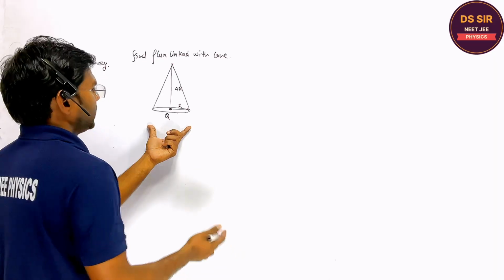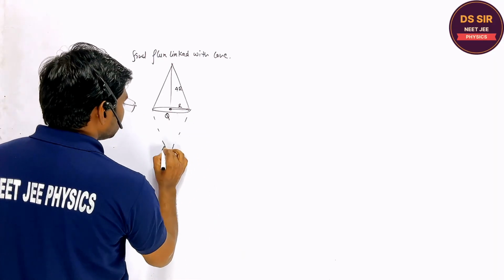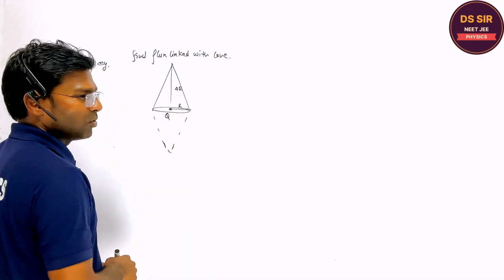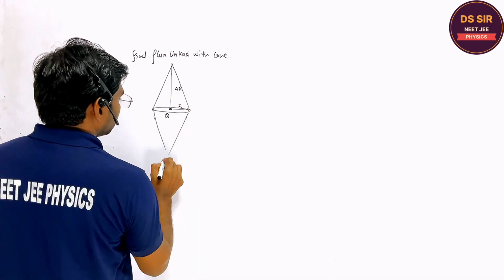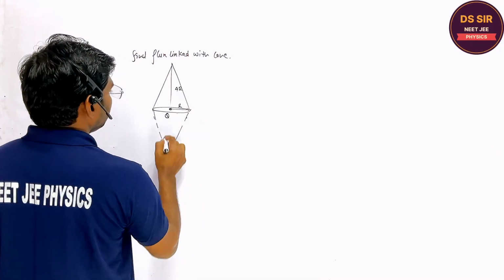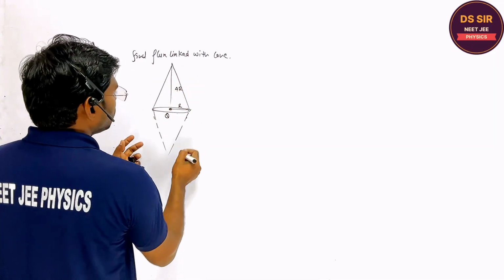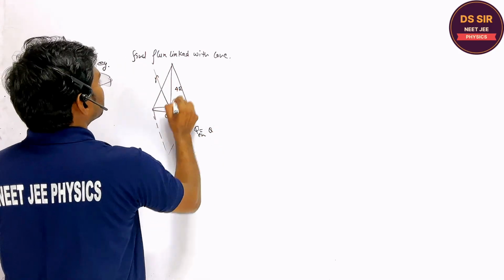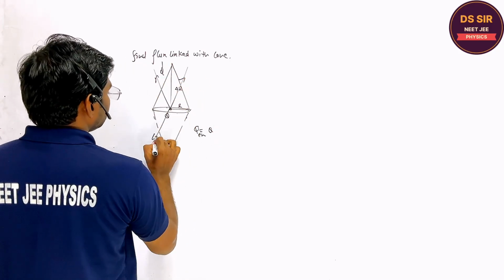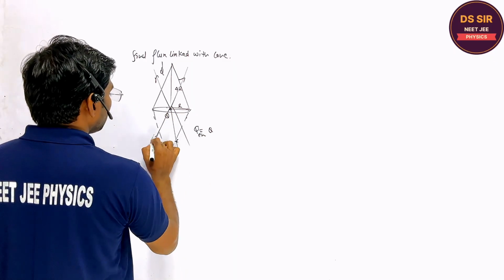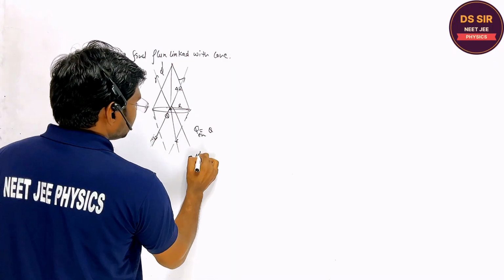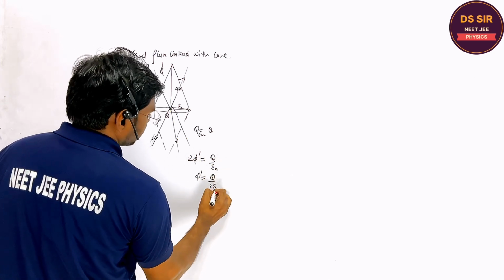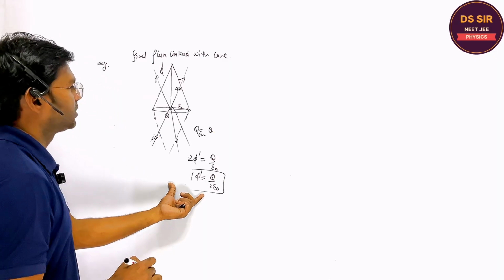The simple thing is that you assume there is one more cone. The flux from the above cone is phi dash, and the same phi dash is linked with the below cone. The charge enclosed is Q, so 2 phi dash equals Q upon epsilon naught, phi dash is Q upon 2 epsilon naught. But this is not the question. This is a simple thing.